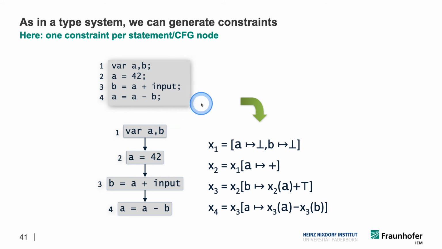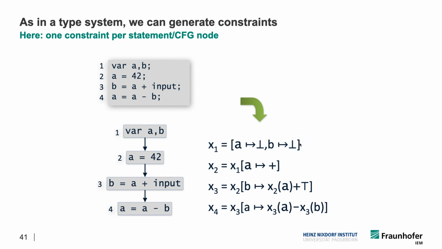And we could now obtain such mappings like you see them here. For instance, at the beginning, we would say that A is being mapped to bottom and B is being mapped to bottom because this hasn't been assigned a value, right?